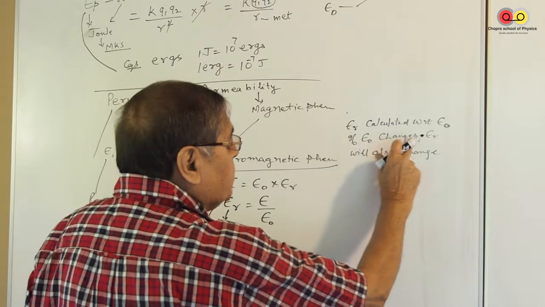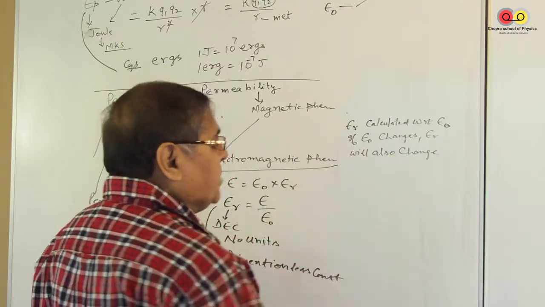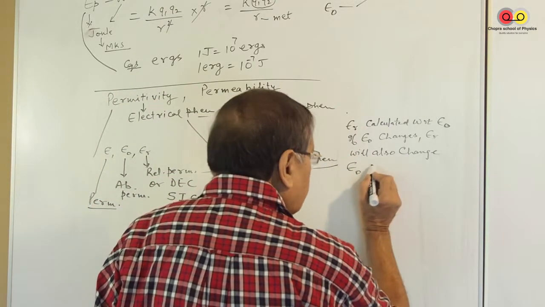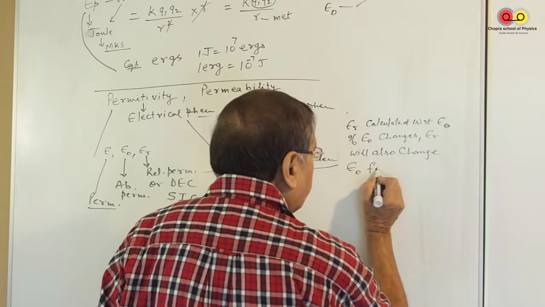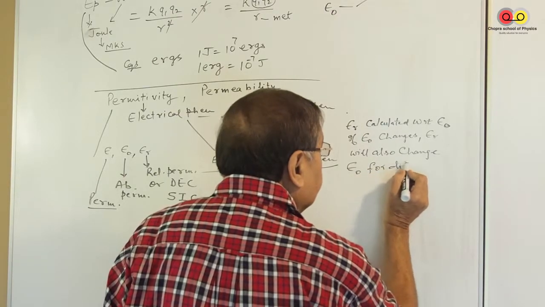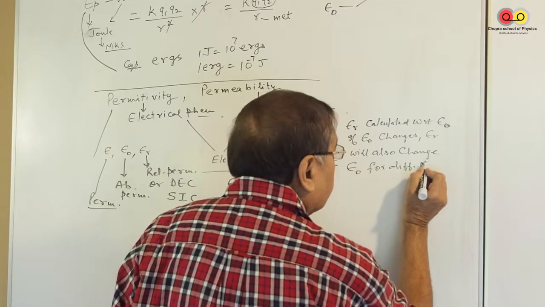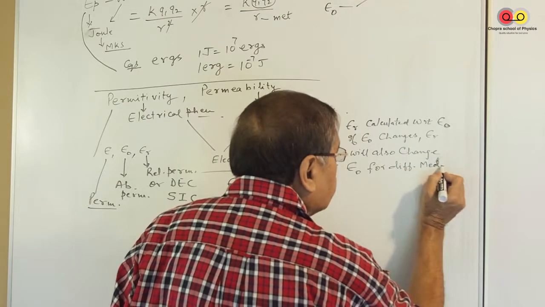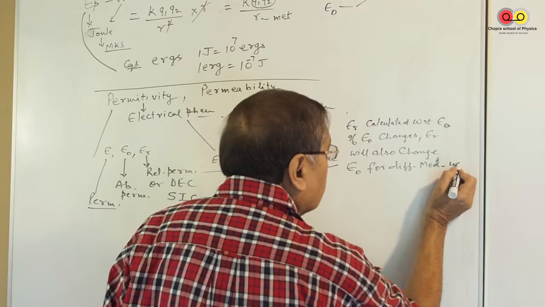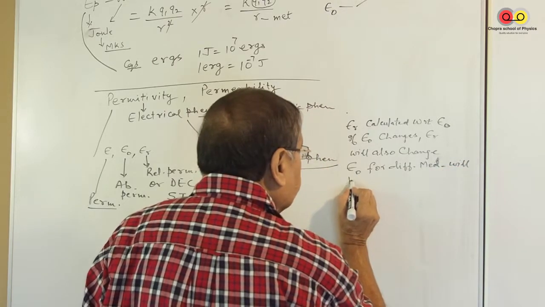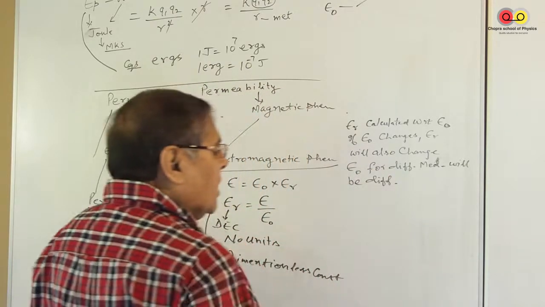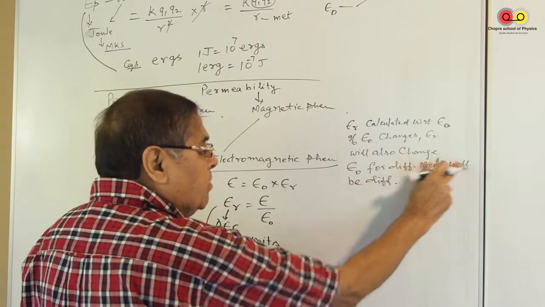If epsilon naught changes, epsilon r will also change, and epsilon naught for different mediums will be different.